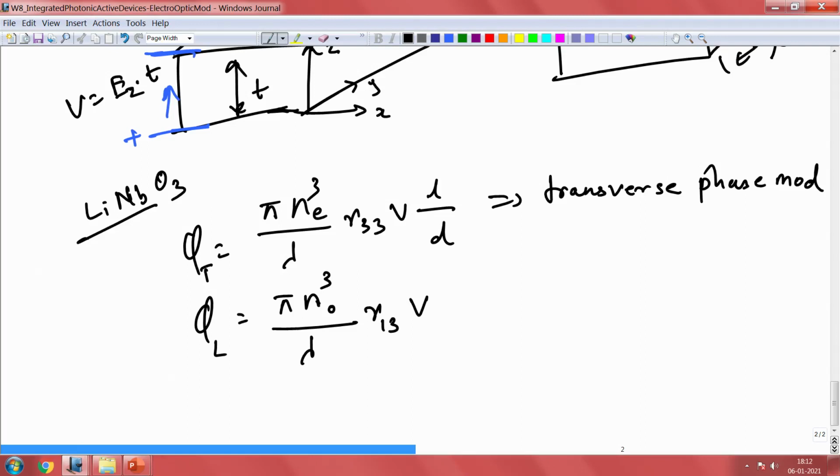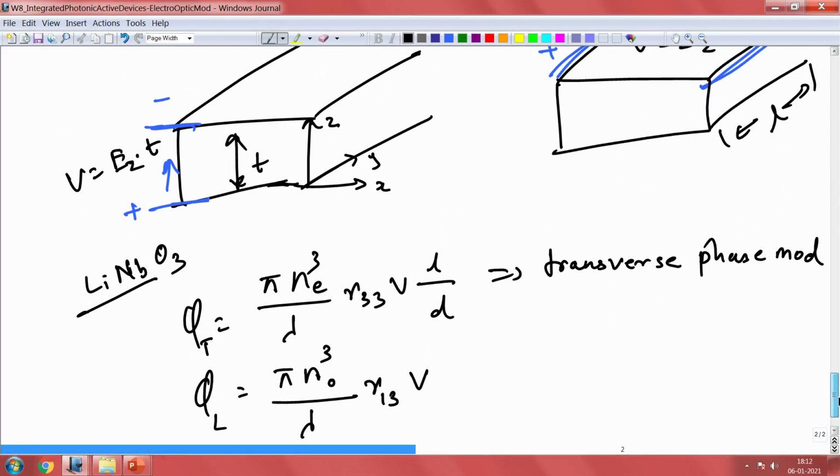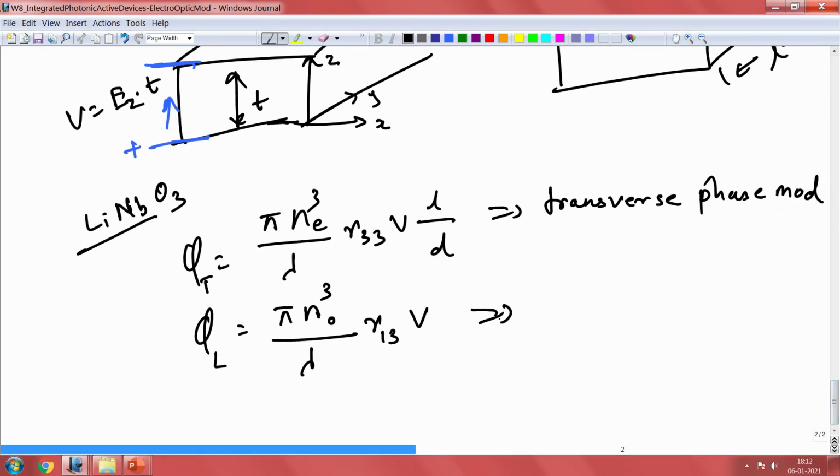So you should be careful when choosing the right orientation. This is for the longitudinal modulator, and this is the transverse modulator.